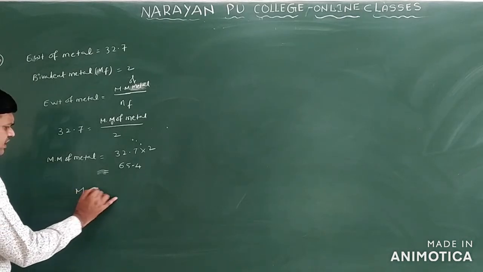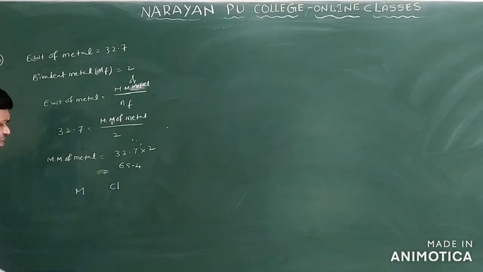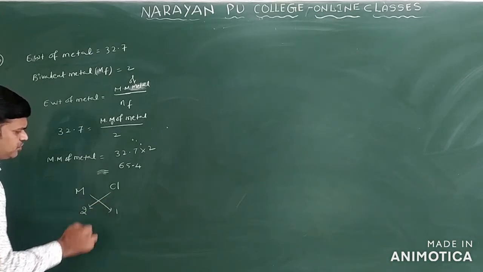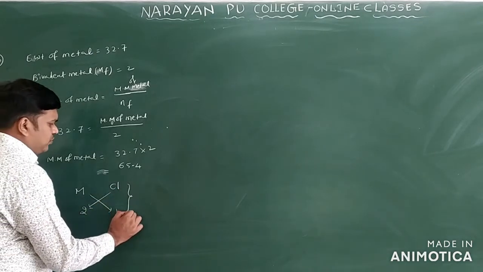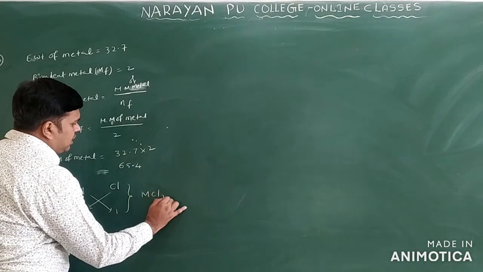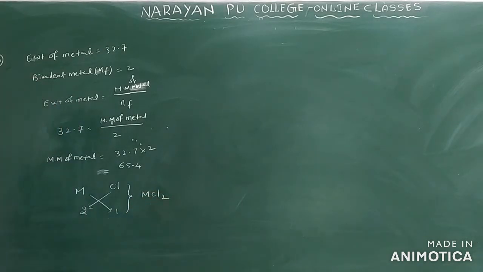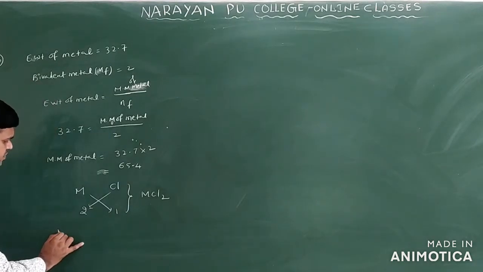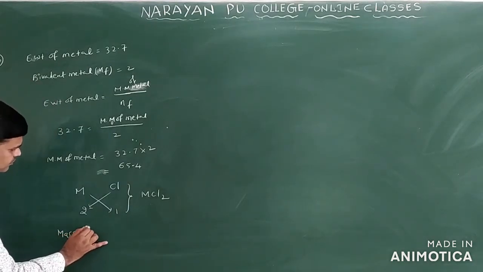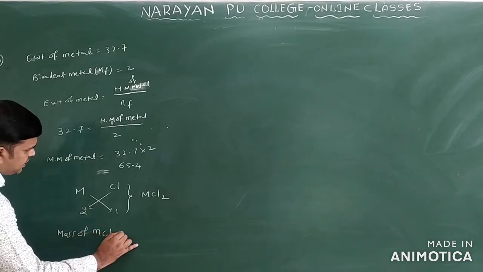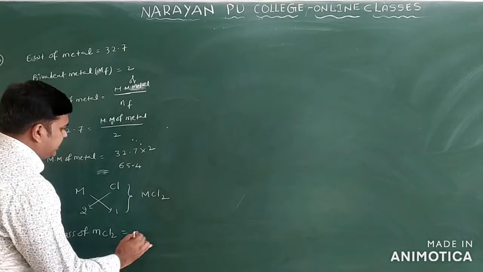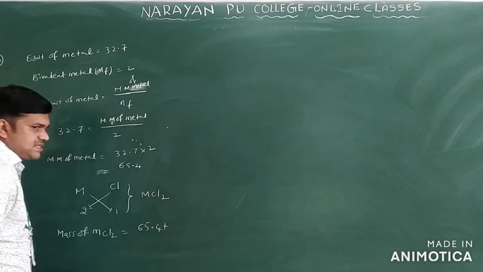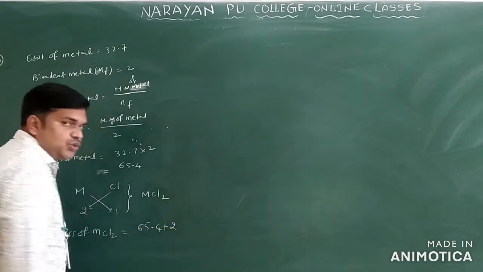I will write here metal and here chloride. Metal valence is 2. Chloride valence is 1. You can use the crisscross method. From this you will get the metal chloride formula MCl2. So what is the mass of MCl2? That is equal to metal mass 65.4 plus how many chlorines? 2 chlorines we have.